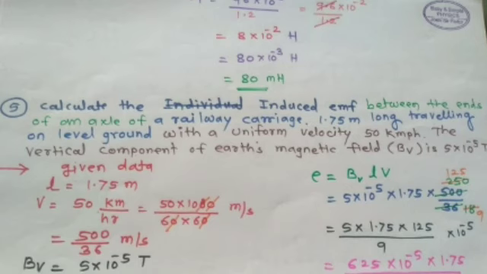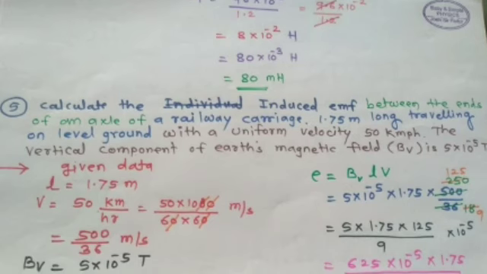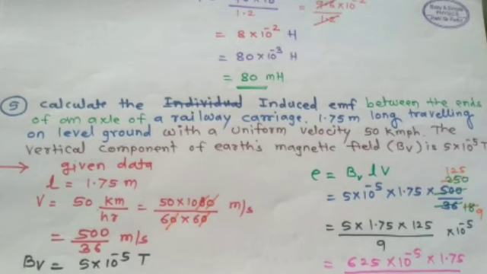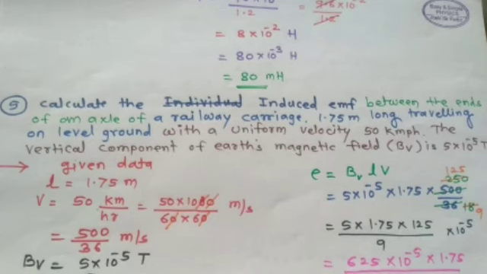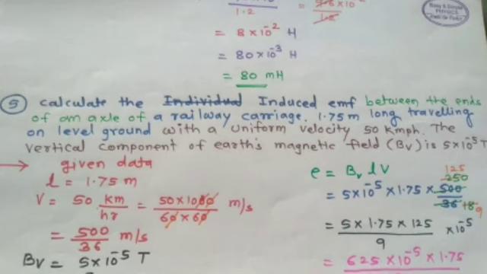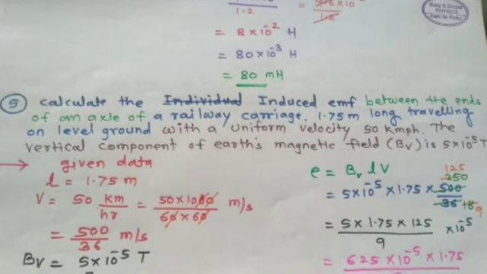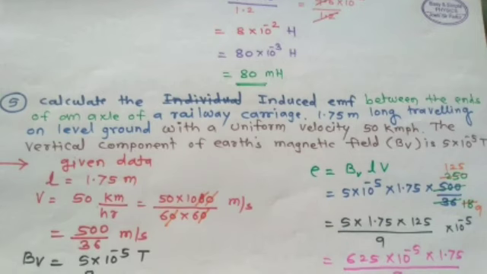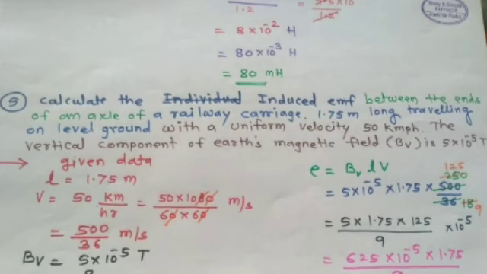The vertical component of earth's magnetic field, that is BV, is 5 into 10 raised to minus 5 Tesla. So here we can write the data. Given data for the answer: length L is 1.75 meter. Velocity will be 50 km per hour.